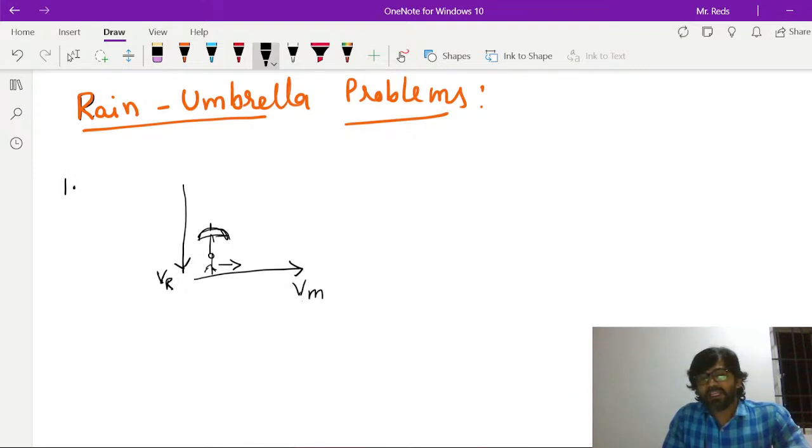At what angle with respect to vertical or horizontal does he have to hold the umbrella? Or you can ask: what is the velocity of the rain with respect to the moving man, that is, what should be the direction of fall of the rain with respect to the man? You may come across these kinds of questions based on this concept.